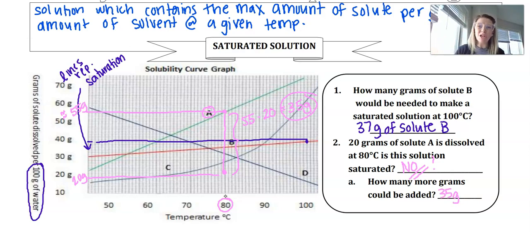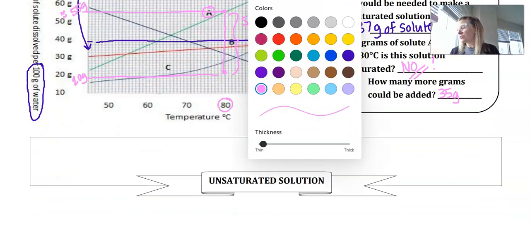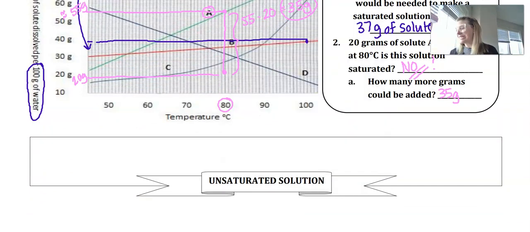So what is a solution called if we have added less than the maximum amount of solute? Saturated means we've added the maximum, and an unsaturated solution means that we have added less than.